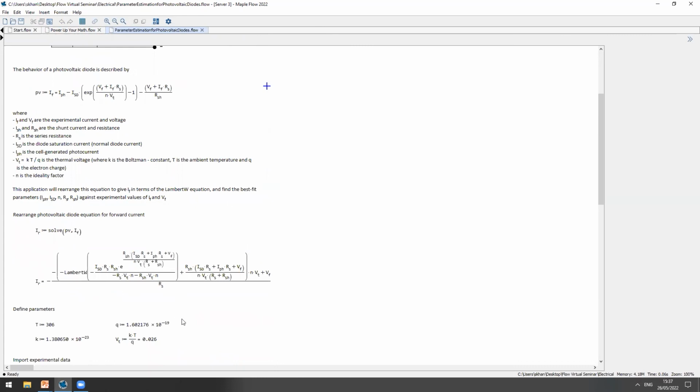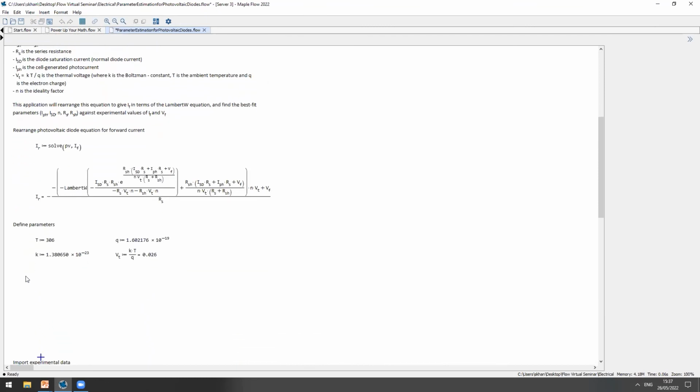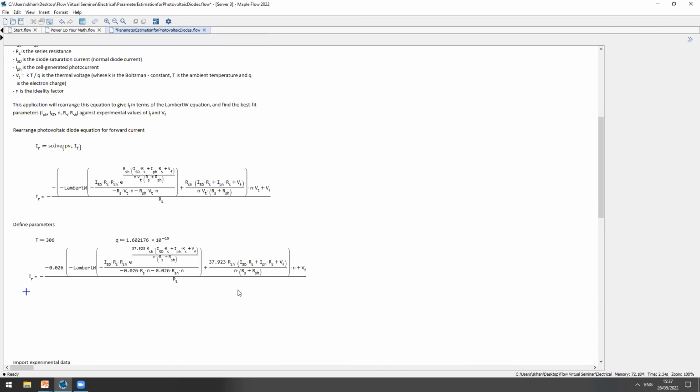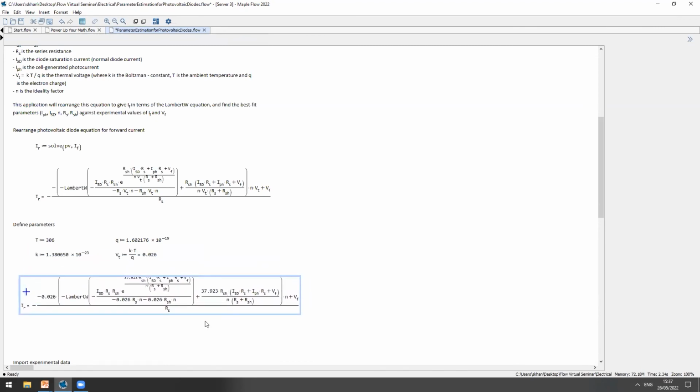There are some parameters that I know and some parameters that I don't know. The parameters I know are given here. So let's see what the circuit equation looks like when I substitute these numbers in. So here we go. There are still some undetermined parameters in this equation.